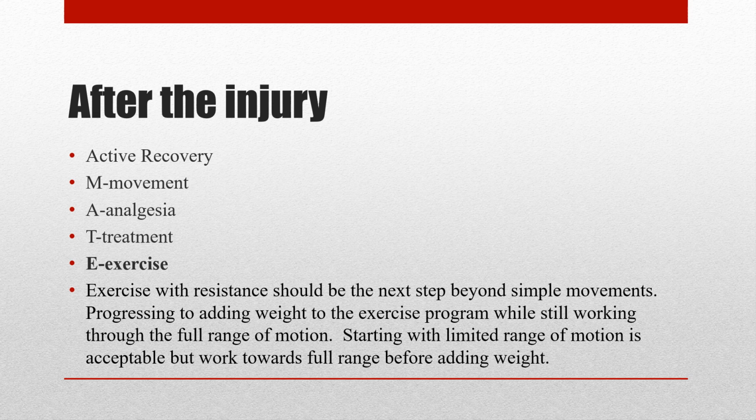So a lot of those benefits do carry over, that increased blood flow, the nutrients, things like that. So getting out and exercising within acceptable range of motion without pain, not trying to really push on the injured area, work it through the range of motion, slowly add weight, slowly and progressively build back up. That's going to be one of the biggest keys after an injury.